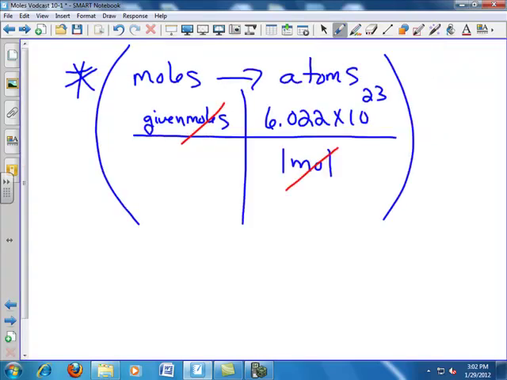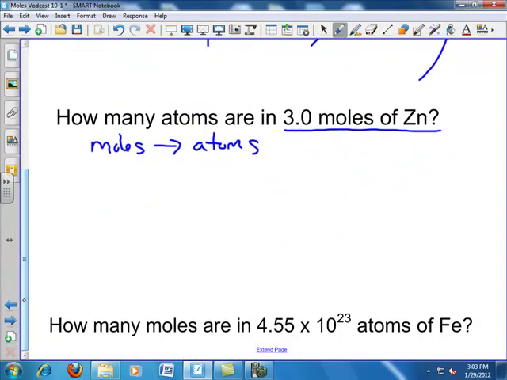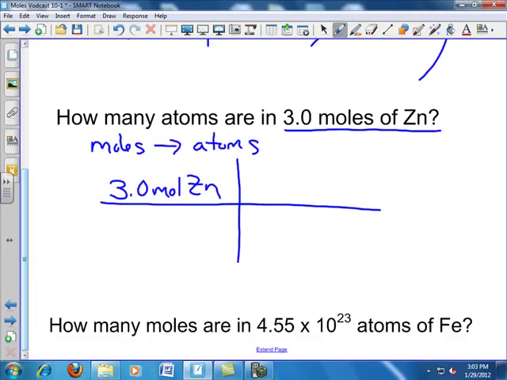So now what I'm doing is converting moles to atoms. And that's where I'm going to use this conversion that I developed here. This conversion goes from moles, and I'm going to end with atoms. So I'm going to start with my 3.0 moles of zinc. And I can put any element I want right here.